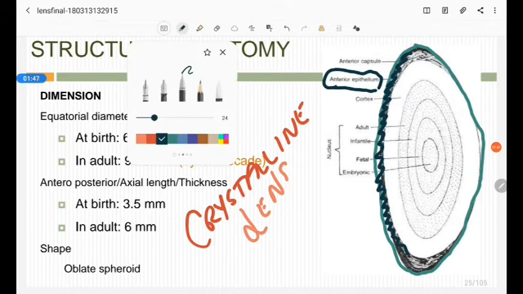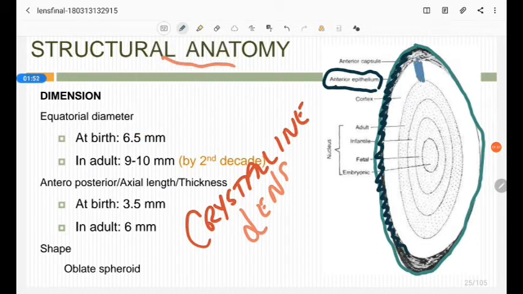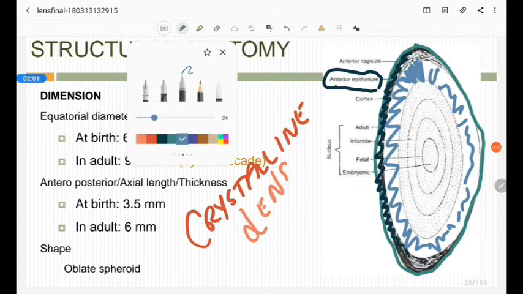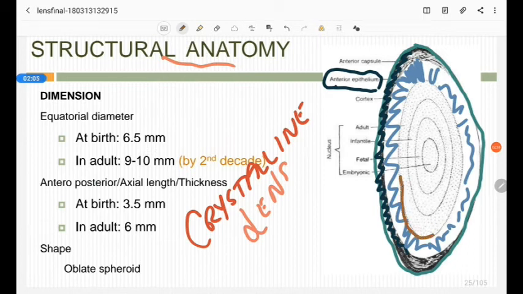And revising your previous knowledge, this is the cortex, and this is the nucleus.